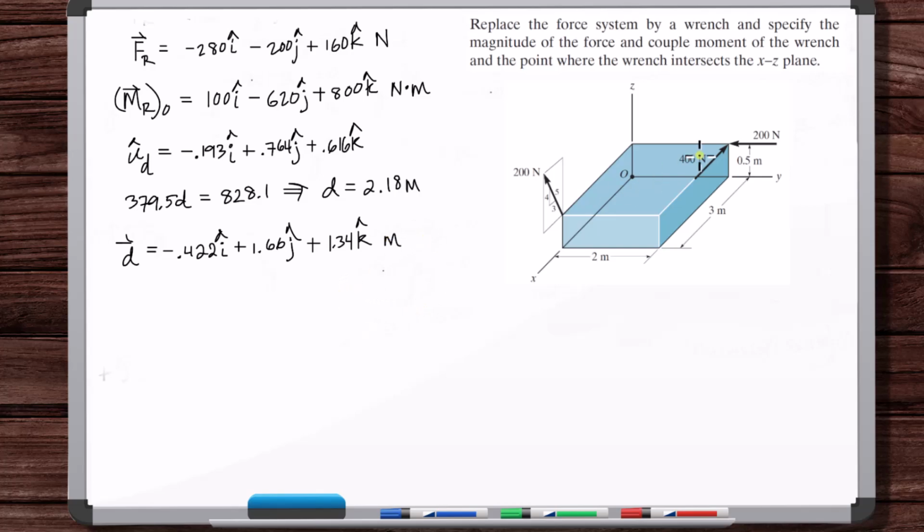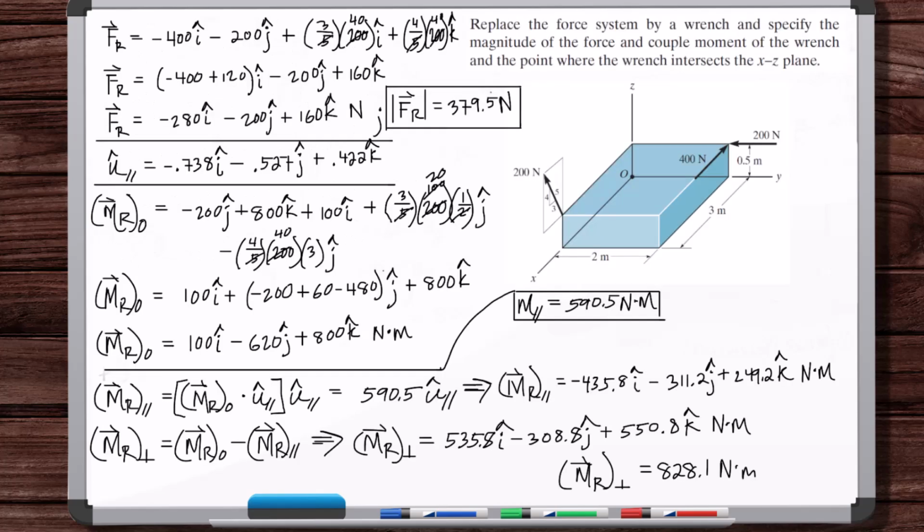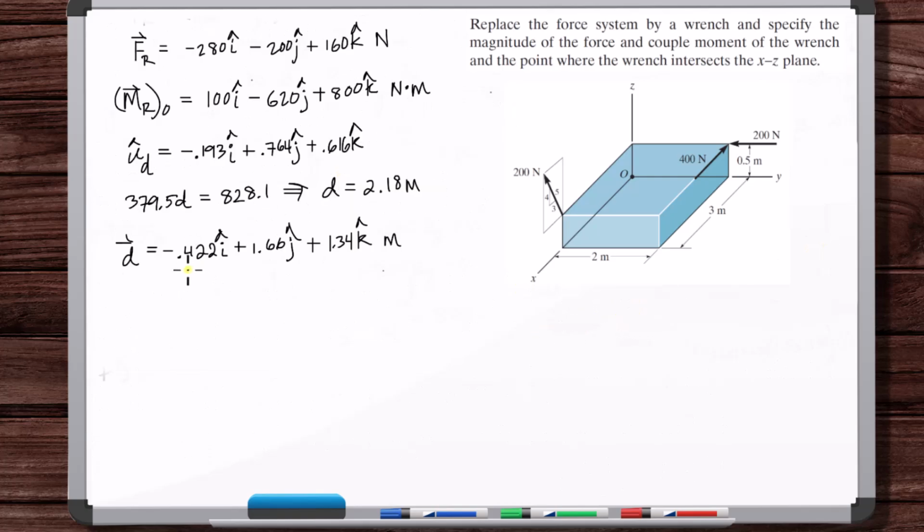So there you go. Now we have the magnitude of the force on the wrench, the magnitude of the couple moment, and the location at which the tails of the wrench vectors is located. So we've specified the wrench.